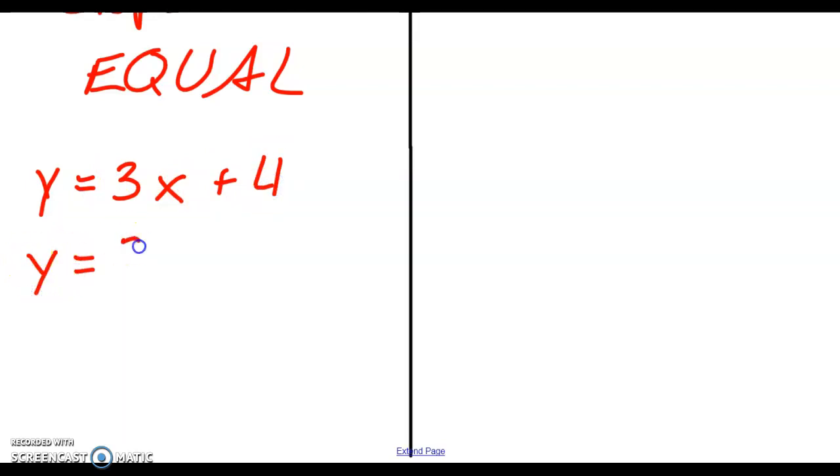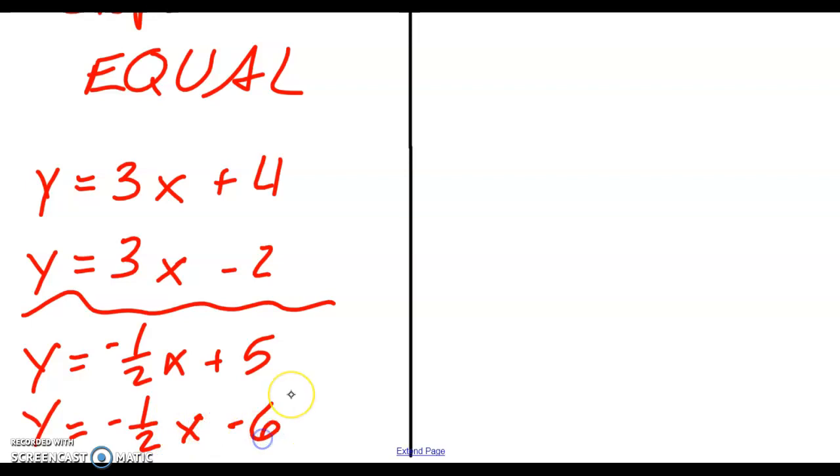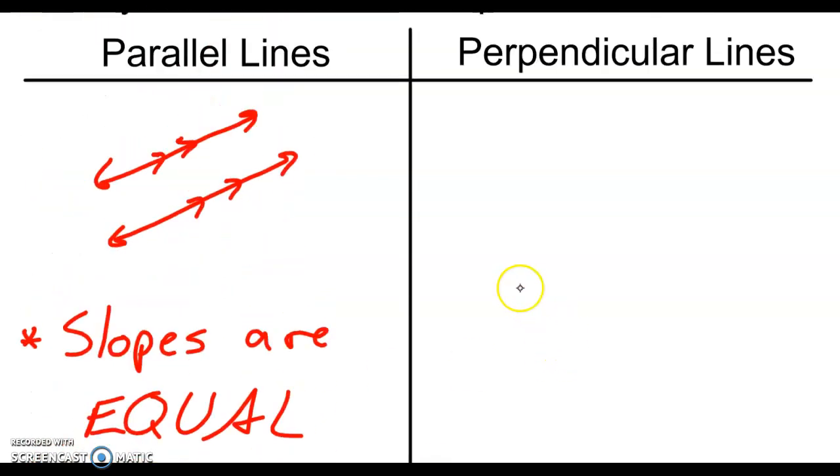A parallel line would have an equation like this, where that y-intercept is going to be different because they're different lines at different spots, but the slopes are exactly the same. Or something like y equals negative 1/2 x plus 5. A parallel line to that would say y equals negative 1/2 x, maybe minus 6, whatever. But you notice that the slopes, that number in front of x, is exactly the same.